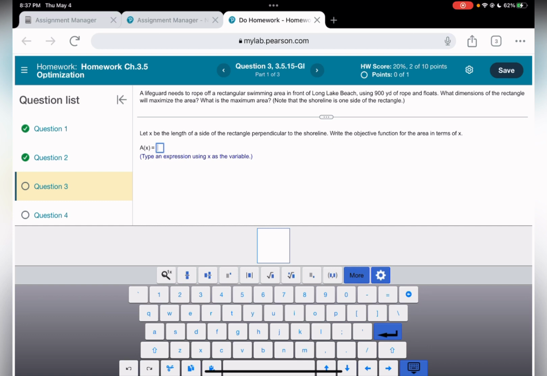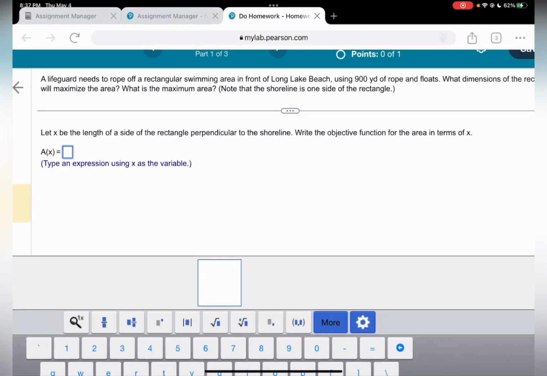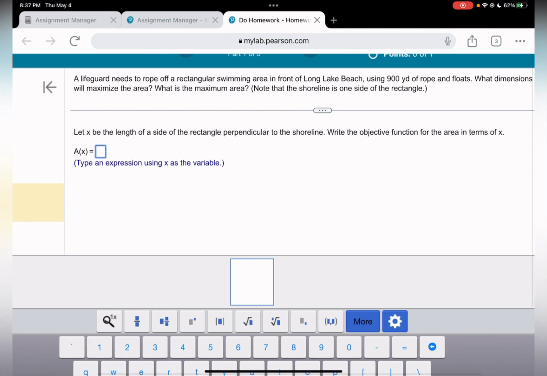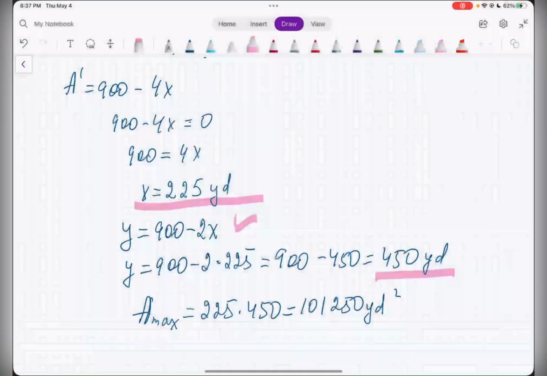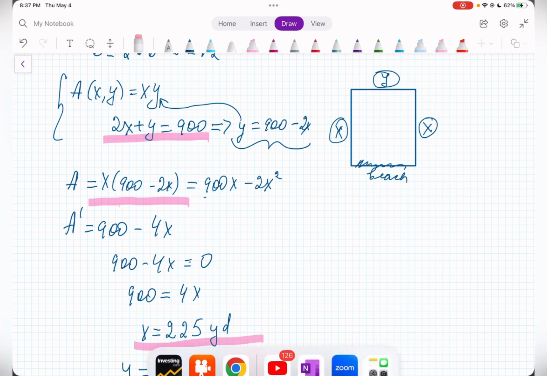So let x be the length of a side of the rectangle perpendicular to the shoreline, right? The objective function of area in terms of x and y. So in my case, it was the equation we put there. The equation is this one: x times 900 minus 2x.